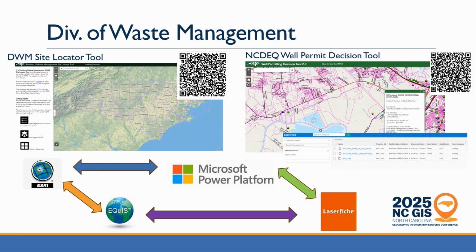Where we're kind of going in the future is that bottom piece there, which is really integration between 4 big stacks of information. So Equus is our newest, our environmental data management solution, but integrating that with our GIS, so the GIS kind of feeds it or is a navigation point for it, and then going to Microsoft Power Platform.